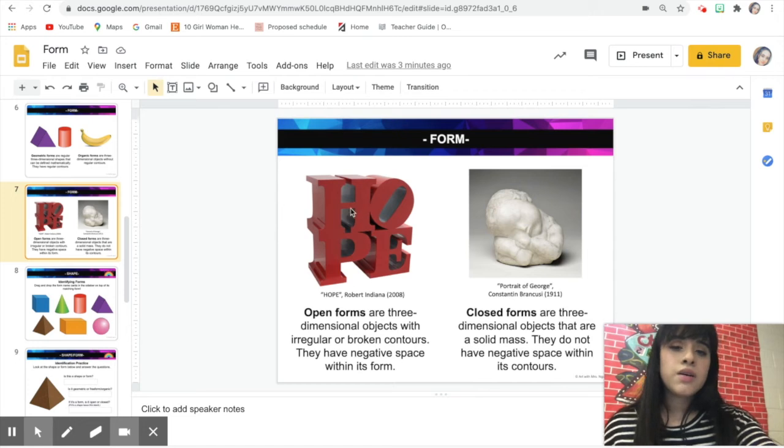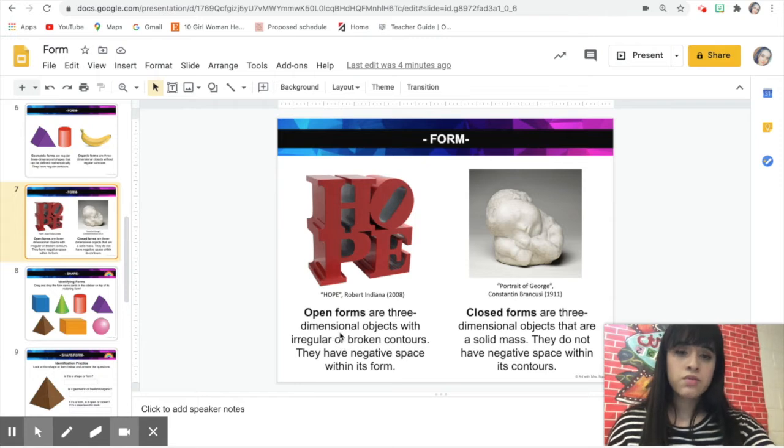These are sculptures that are open, but they're also 3D. They're open because they have negative space. That means there's nothing in there, and they have positive space. So these are open forms. Remember, they have negative space. That's the important part right there.